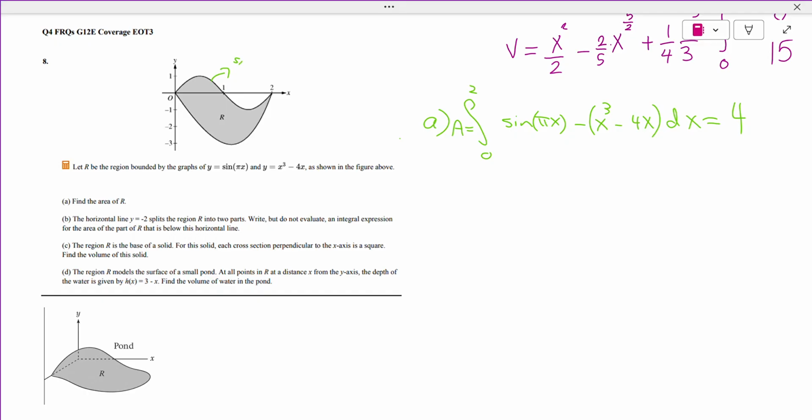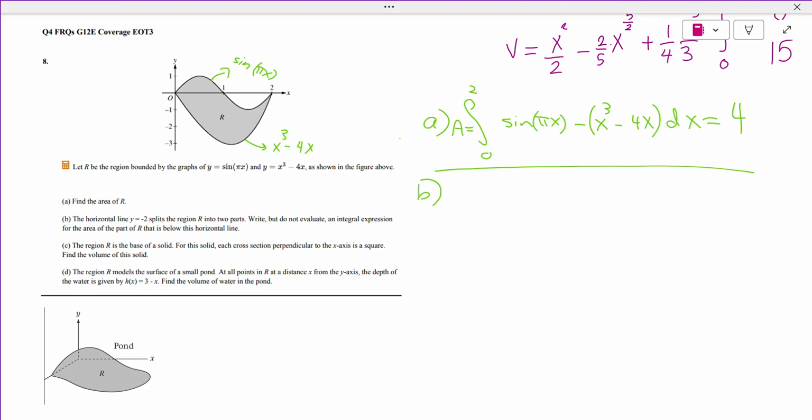This one is sine of pi x, and the lower one is x cubed minus 4x. This is part A. Part B says the horizontal line y equals minus 2.